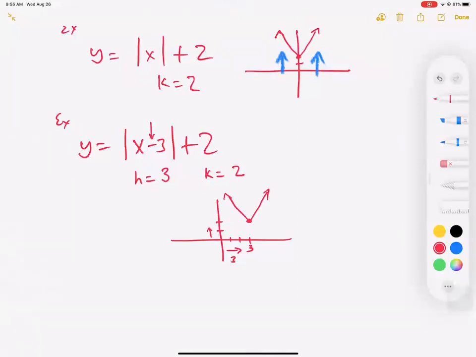And we would describe it as a horizontal shift to the right by 3 and a vertical shift up by 3. Sorry, up by 2. For some reason, I just got stuck there. Up by 2.